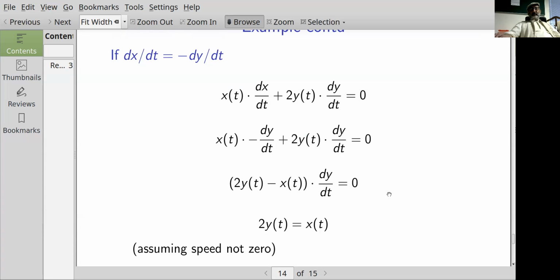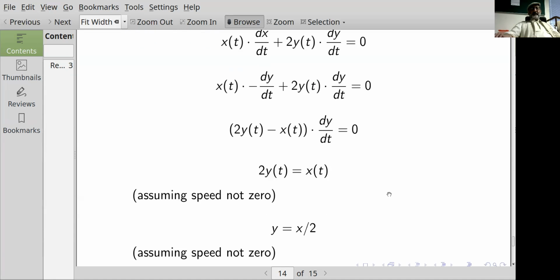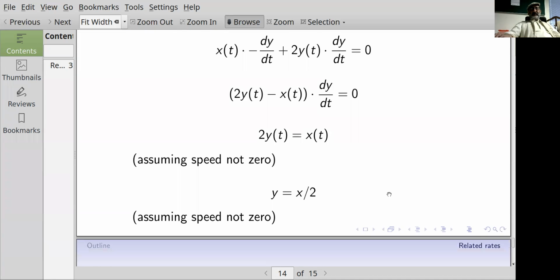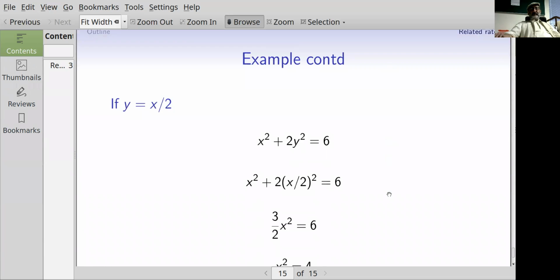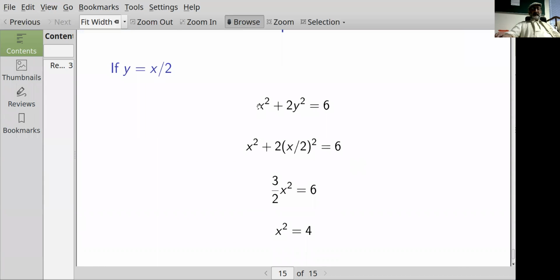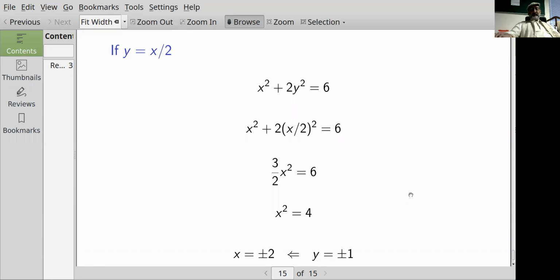That implies that 2y is equal to x, and then y is equal to x over 2. Now go back to the original equation. If y equals x over 2, we substitute that into x squared plus 2y squared is equal to 6. x squared plus twice (x over 2) squared is equal to 6. I get 3/2 x squared is equal to 6, which gives x squared is equal to 4.